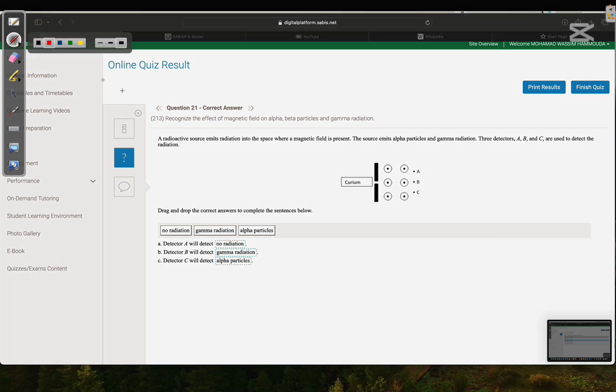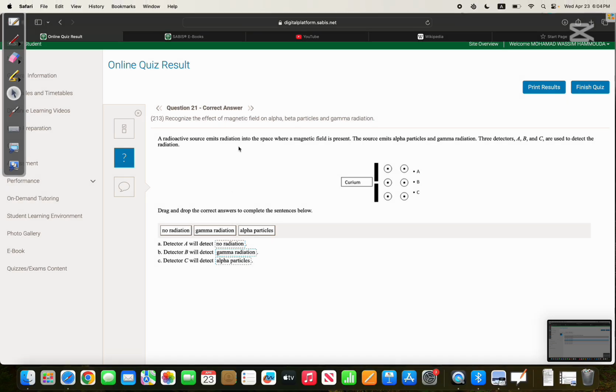So as we said before, gamma particles are straight, but in this case, alpha particles go like this, since this is into the outside of the plane of the image. So if we see circles, this means that it's outside the plane of the image, so it's gonna go like this, and which is why detector C will detect alpha particles.